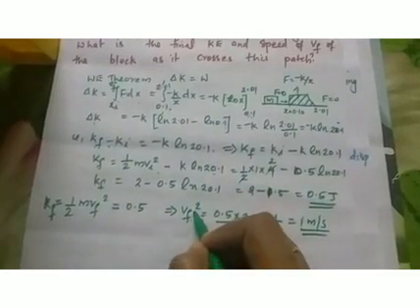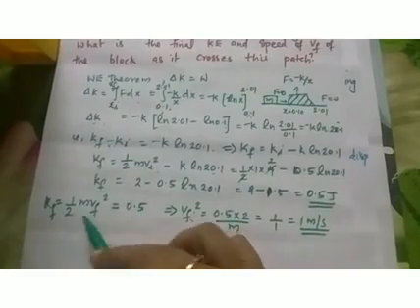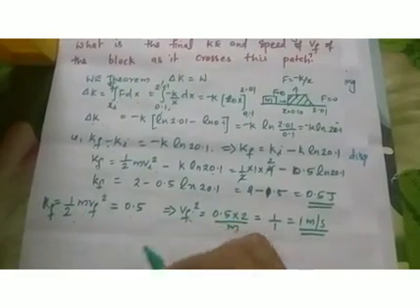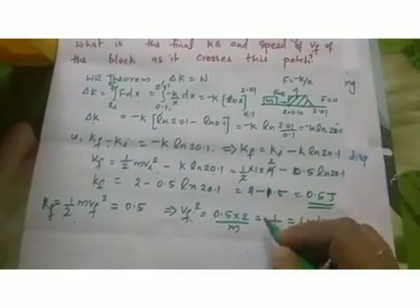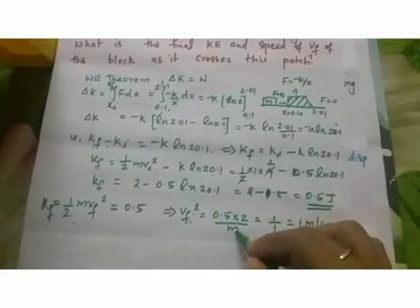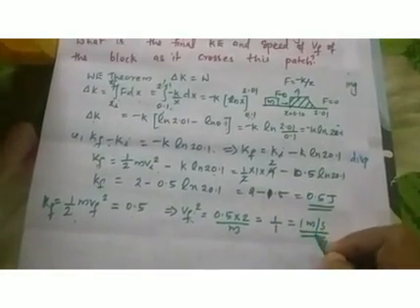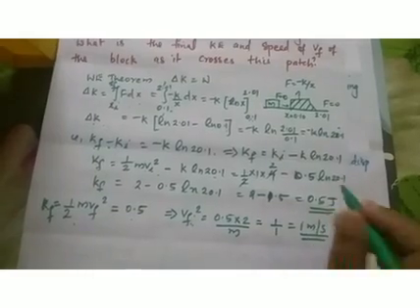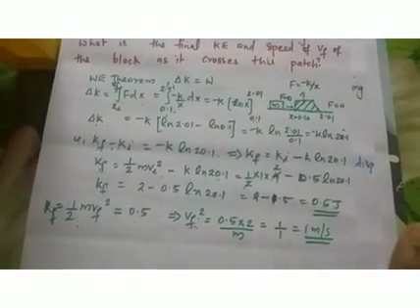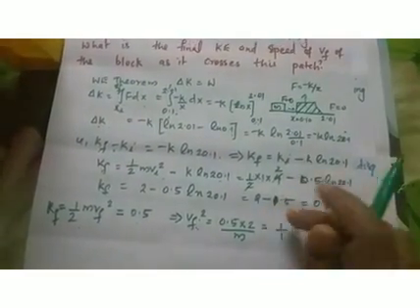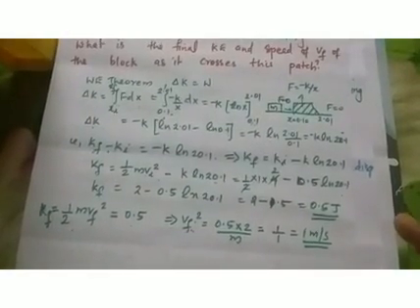So therefore vf square is equal to 0.5 into 2 divided by m, equal to 0.5 into 2 is 1, and mass is also 1 kg. 1 by 1 is 1 meter per second is the final velocity. Okay children, so this is the final kinetic energy and this is the final velocity of that block.